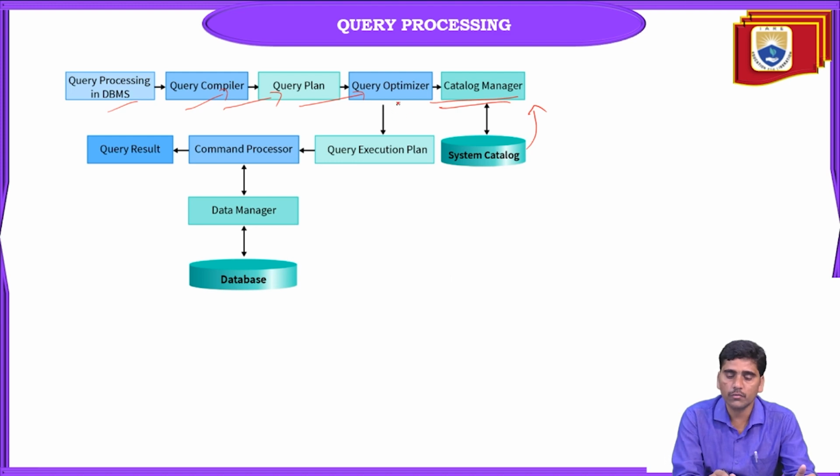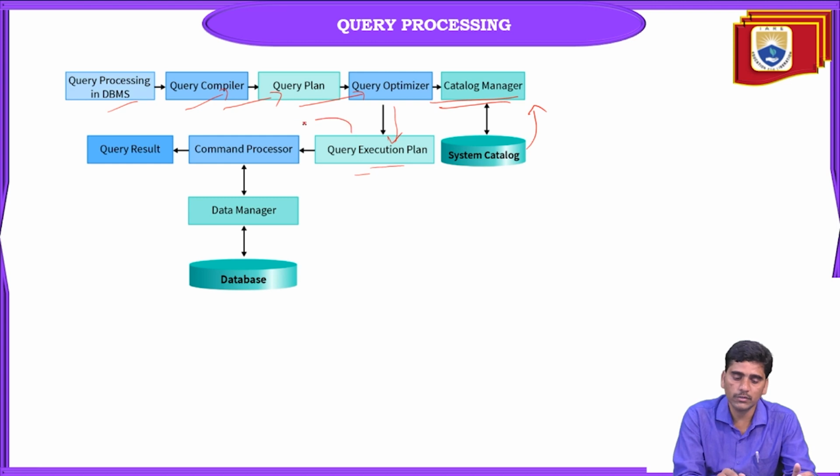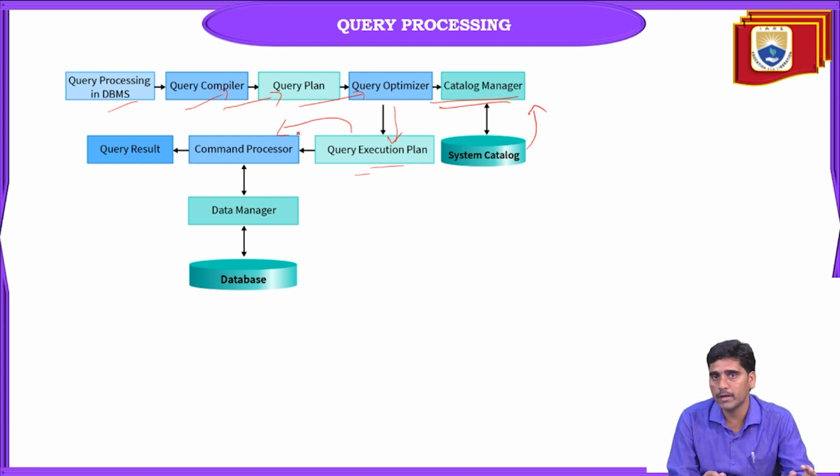Now here the query optimization takes place. At this moment comes the query execution plan. After optimization of the query, execution takes place, so that the query processor will process this execution plan. The execution plan is taken by the command processor, and the command processor interacts with the data manager.